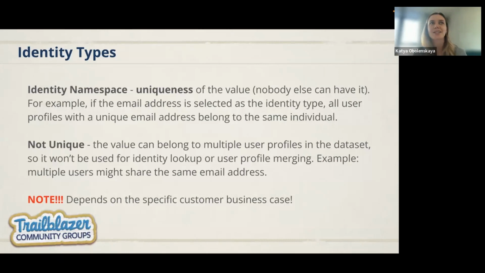Maybe this example is not the best one, but just for you to understand that you share an email address with someone. If personalization uses email address as a not unique identity type, then you will have your own profile, your partner will have their own profile, but the email address attribute will be the same, even though you're still two different individuals.